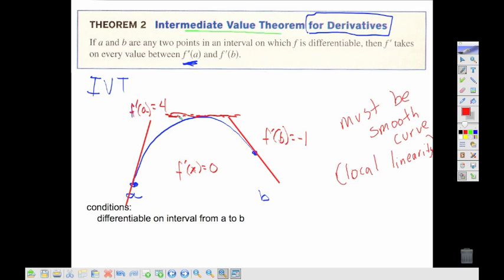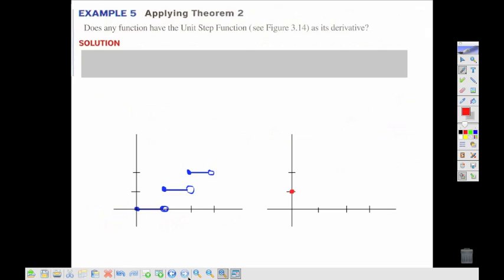I could also use this for other values. We would know that somewhere there's a slope of 3, somewhere there's a slope of 1, somewhere there's a slope of -1/2. And so all those values are going to happen. Now the one condition is that it has to be differentiable on that interval. We can't have any corners or cusps or discontinuities or any of the other kinds of ways that a function might fail to be differentiable.